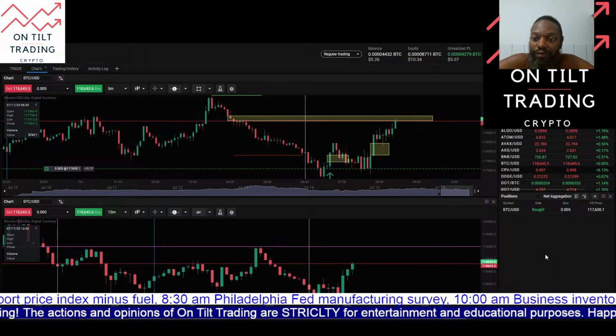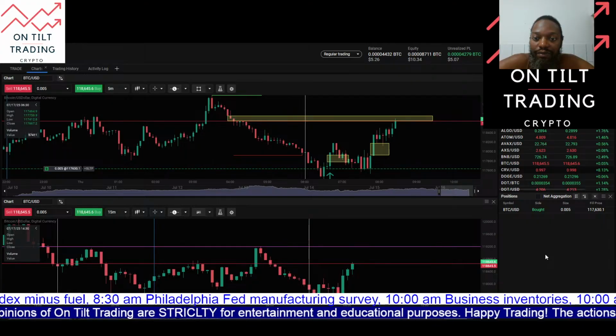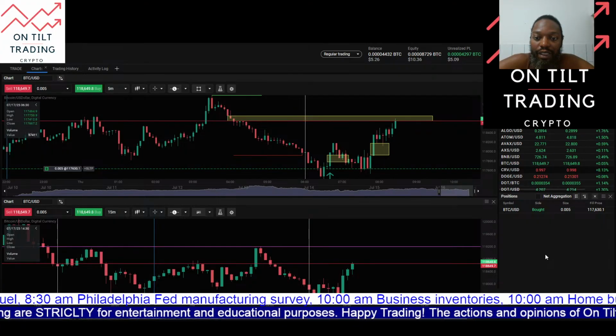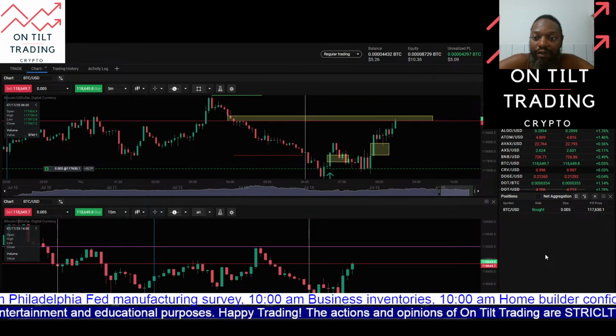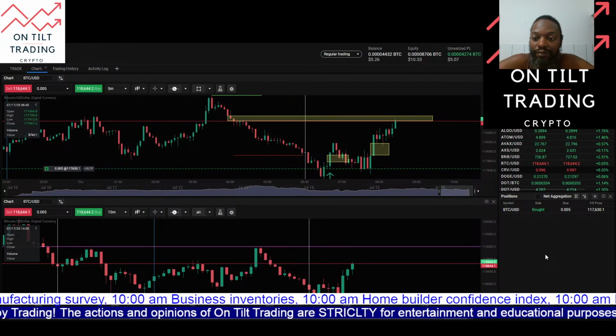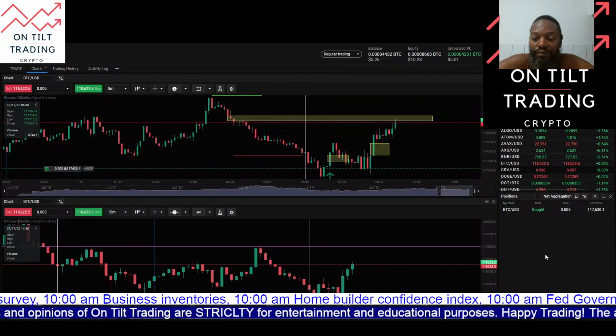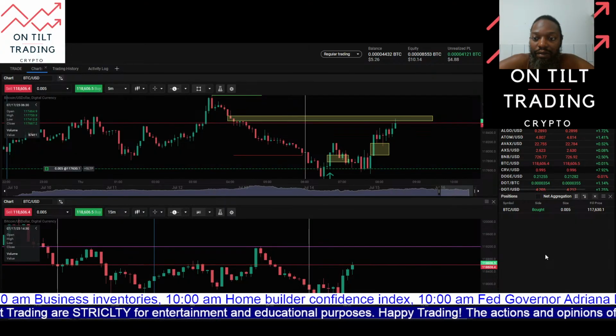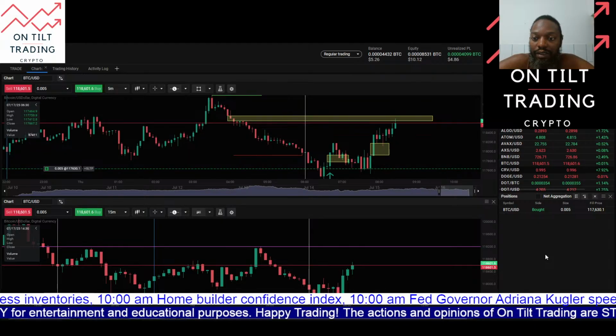Price consolidating around the 118,650 level, just at the lower end of the fair value gap. $118,600.